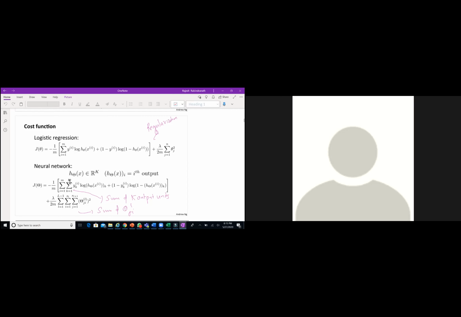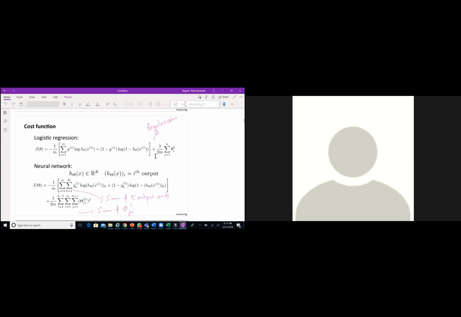Since we have k output units, this loss function as well as the cost function has to account for the errors occurring in each of the output units, and that is why this sigma is added. The sum over the k output units needs to be added.